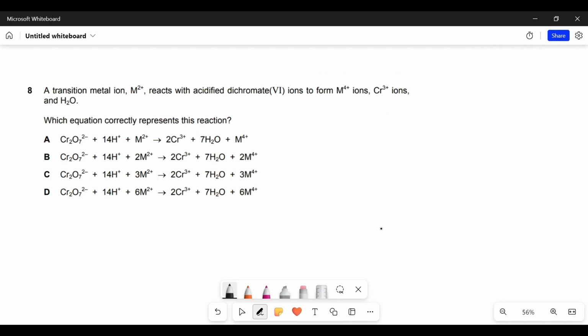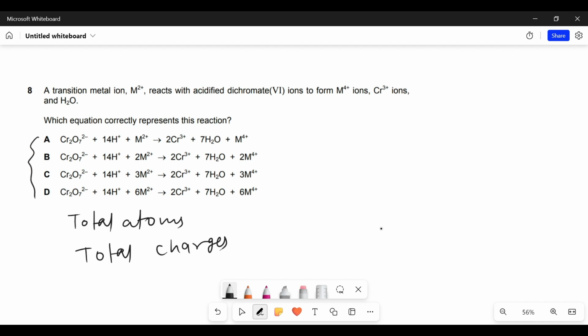Question number 8. A transition metal ion M2+ reacts with acidified dichromate ions to form M4+ ions, Cr3+ ions, and H2O. Which equation correctly represents this reaction? We know that for a balanced equation, total atoms should be balanced on both sides and total charges should be balanced.